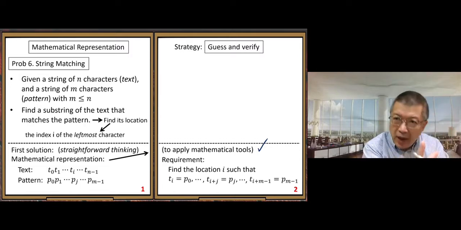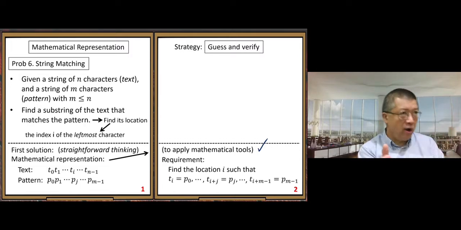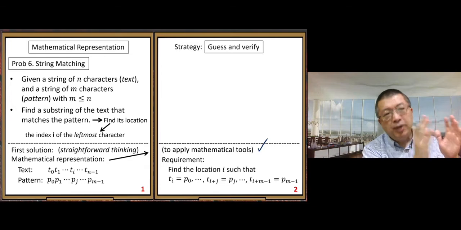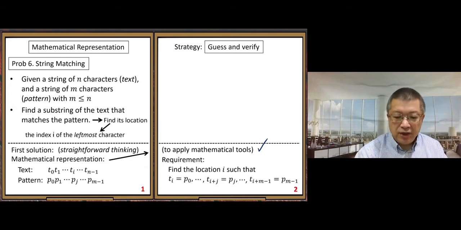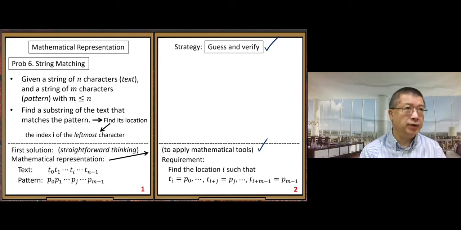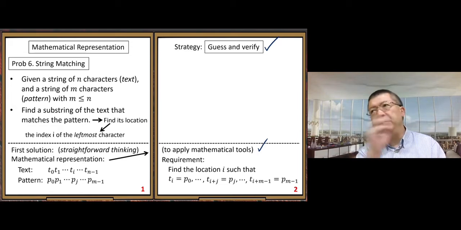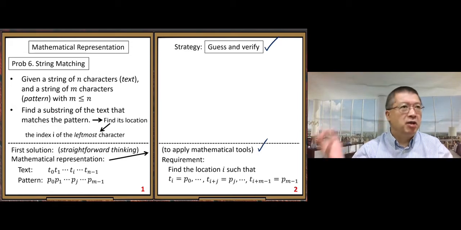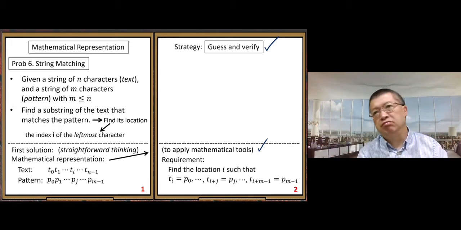But when you make a guess, it could be correct or wrong, all possible. Then you need to verify. Otherwise, you don't know if your guess is correct or not. So guess and verify, this kind of simple, basic approach. Here, using this example, I will show you how to use it.